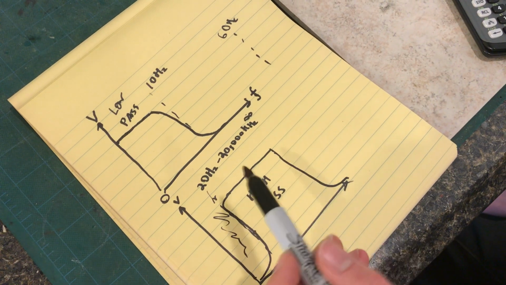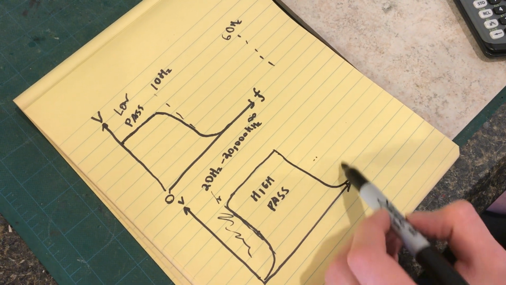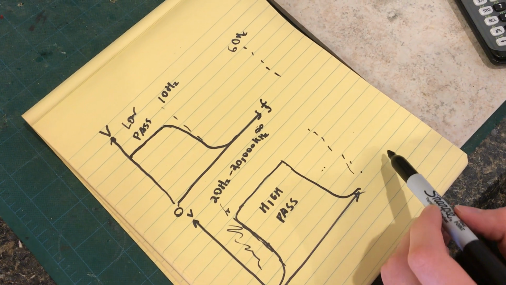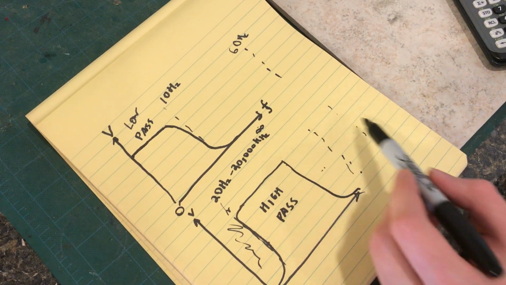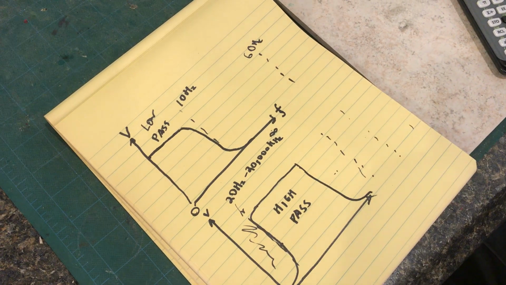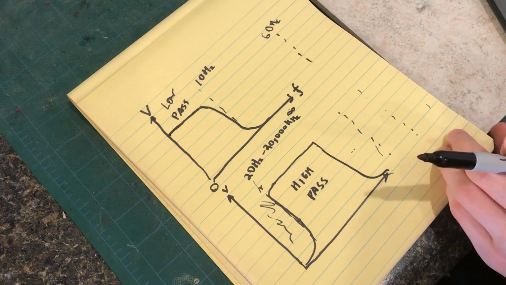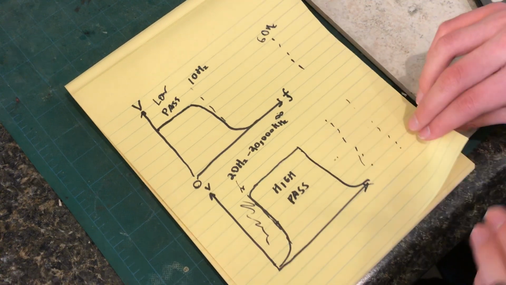So ultrasound would be somewhere out here, and AM radio and FM radio, all those things that are a lot higher than 20 kilohertz, will not be able to pass through the circuit.